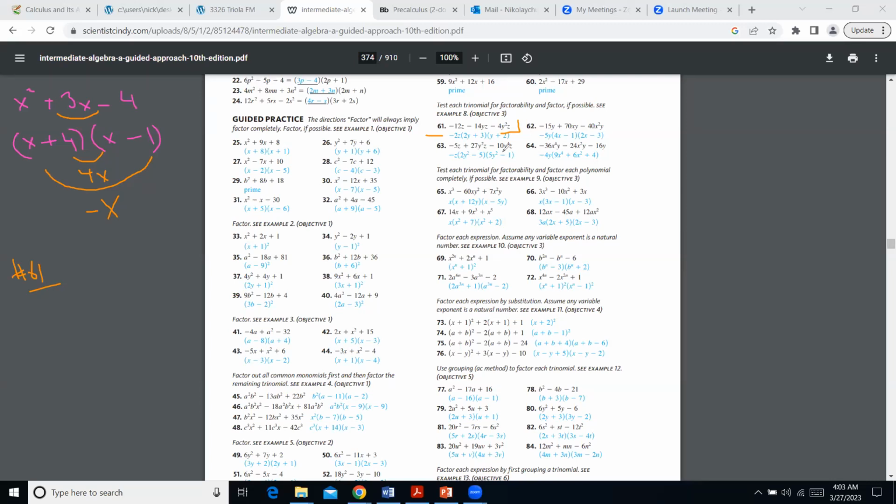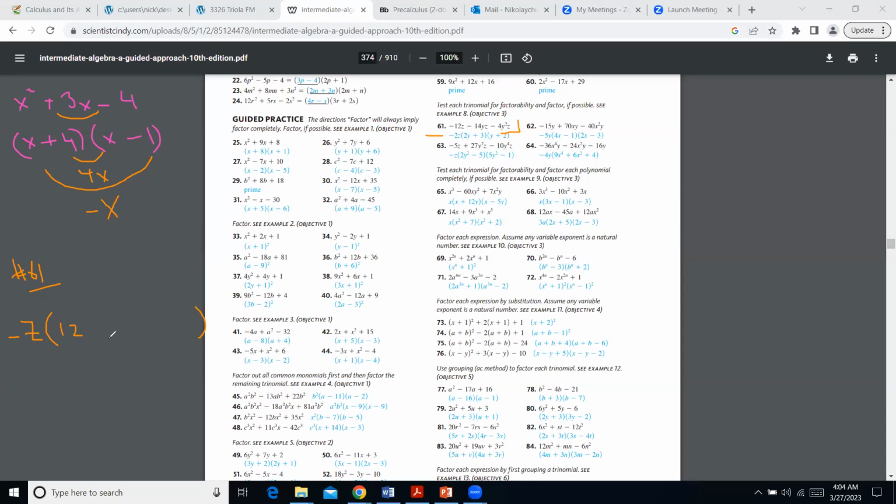It wants us to factor something that looks a little less pleasant, and I'm going to rewrite that exercise with a -z taken outside of the parentheses. Notice they're all negatives, so I prepare this exercise by taking that letter z out.